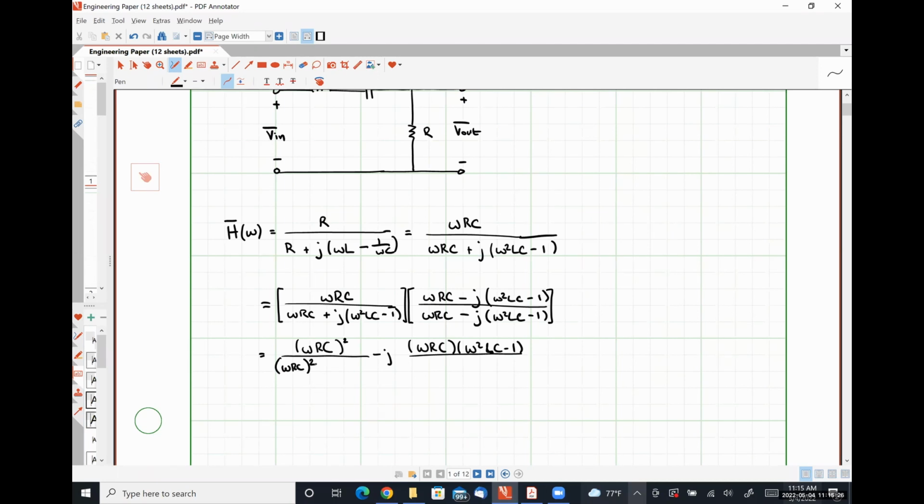And then let's see, J times negative J looks like positive 1. So plus omega squared LC minus 1 quantity squared in my denominator.